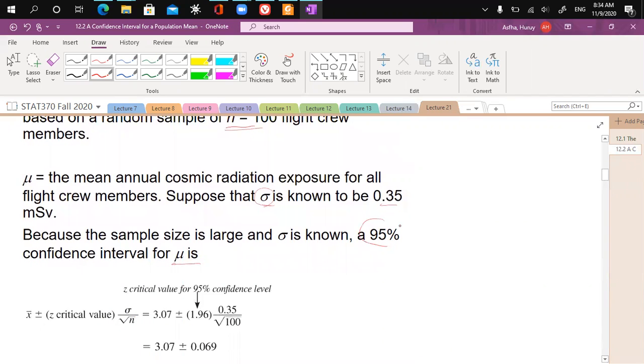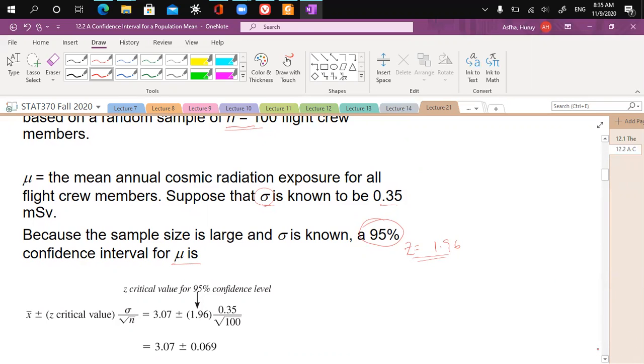So for this confidence interval, the critical value, if you remember, is 1.96. You can find this using technology or from the table. So we will use this same critical value.